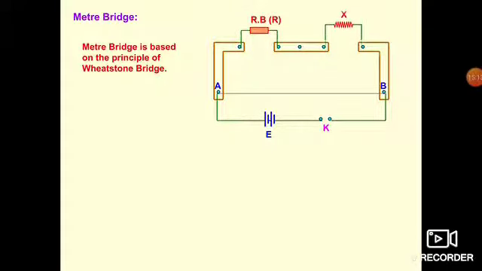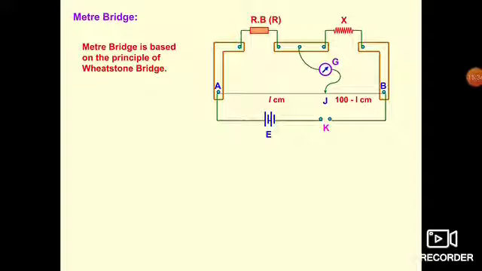You will find there is a kind of bridge here, and we have the total connectivity. There is one EMF of E, one key K, one resistance box R, and an unknown resistance X. You can see one galvanometer is connected with a wire, and AB is the wire of this meter bridge.